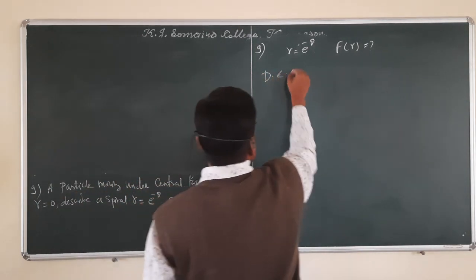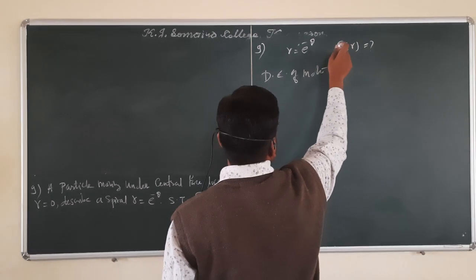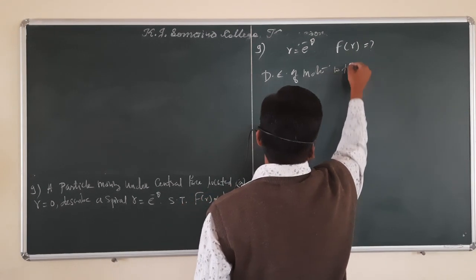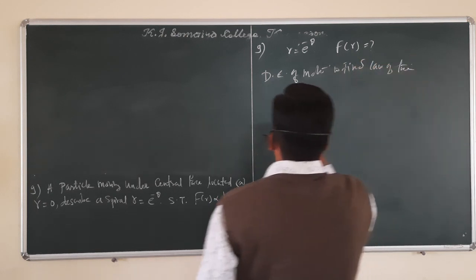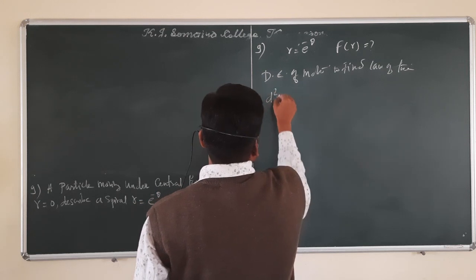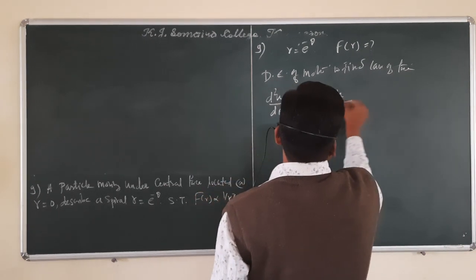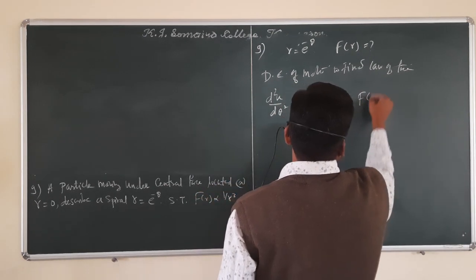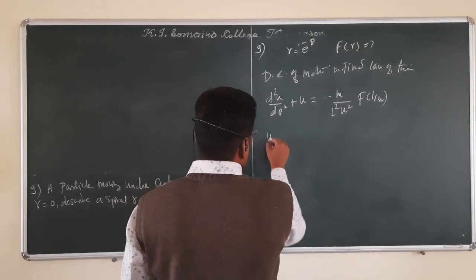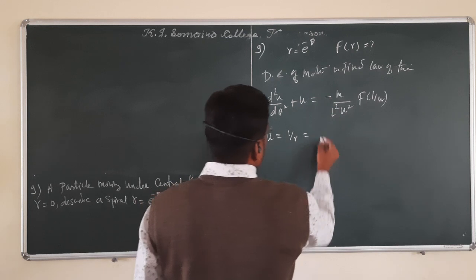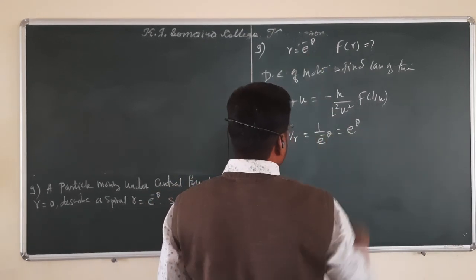The differential equation of motion is used to find out law of force. So that equation is d2u by d theta square plus u is equal to minus m divided by l square u square f of 1 over u. So in this equation u is 1 over r, and that is equal to e raised to theta.